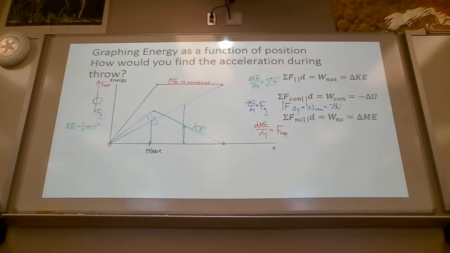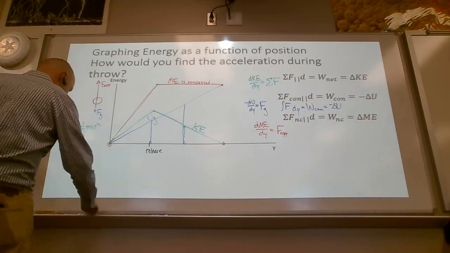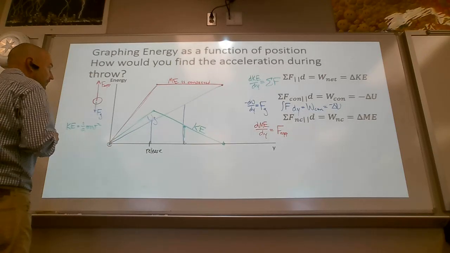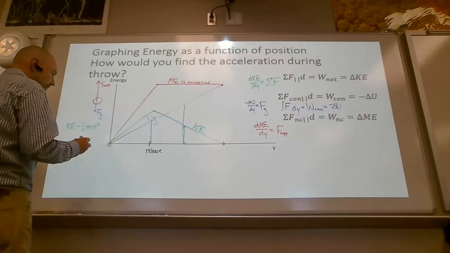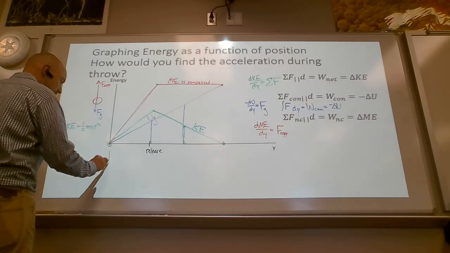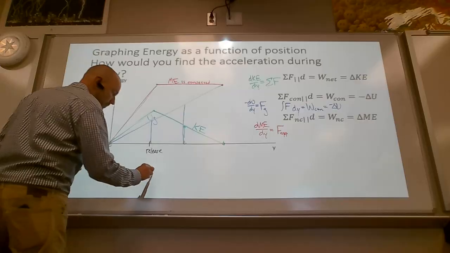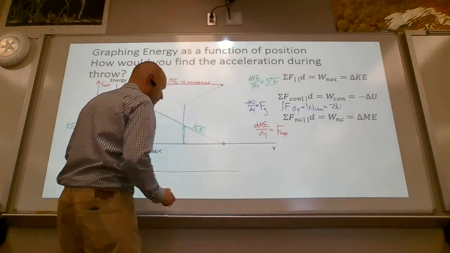Have a conversation. They divide out gravity to get the mass. And then you divide by the mass to get your acceleration, or the slope of the kinetic energy.